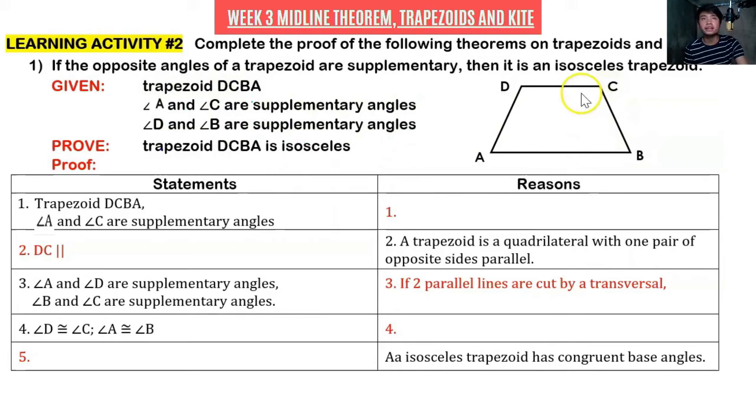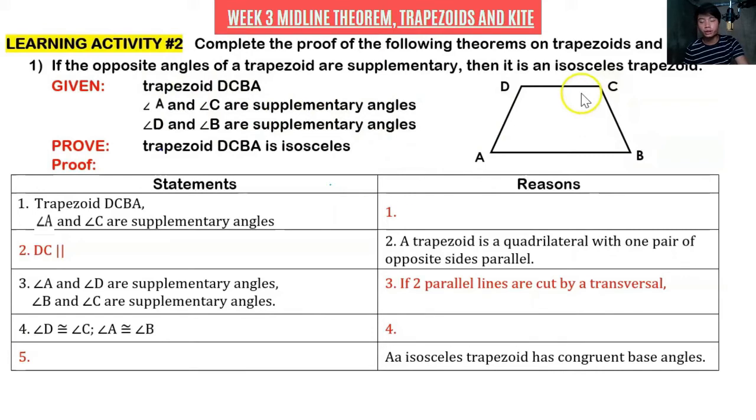Trapezoid DCBA, si angle A daw ay and angle C are supplementary angle. So, itong angle A and angle C are supplementary, and also angle D and angle B are supplementary angle. Ano yung ipuprove natin? That the trapezoid DCBA is isosceles trapezoid. So, paano natin siya ipuprove? May bibigay sa ating statement and lalagyan natin ng reason.